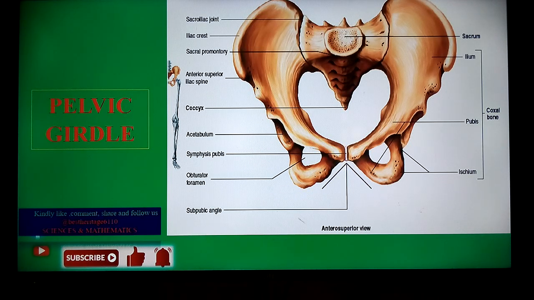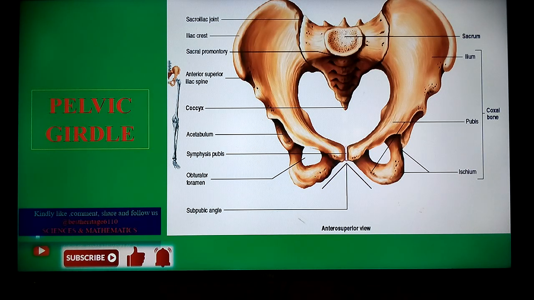So we're going to come across various terms accompanying this specific part of the skeletal system that we're referring to as an angle, which basically refers to a bend that we're going to see displayed in various bones, like the superior angle that we're going to see displayed in the upper part of the skeletal system, in the bone that we refer to as the scapula.